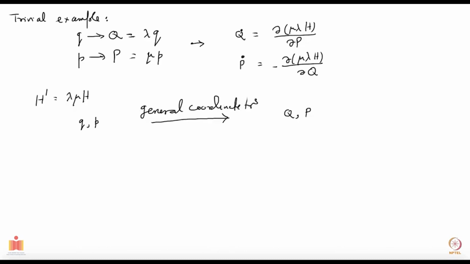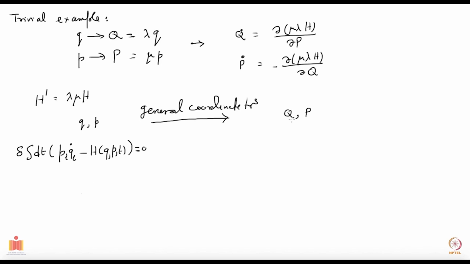If I do so, and if still the equations of motion are in the canonical form, then it means that I can derive equations of motion starting from the principle that the action, which is p_i q_i dot, there is a summation implied, minus H(q, p, t). If I take the variation of this integral, this action, then that variation will be 0, and from there I will get the equations of motion.